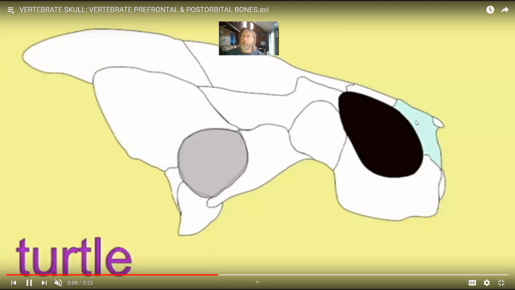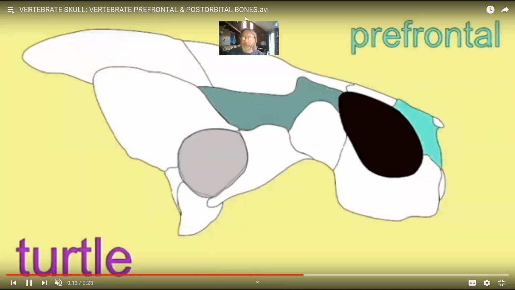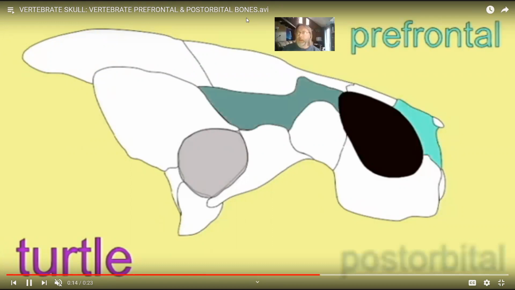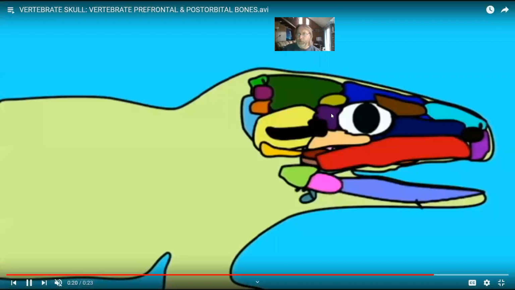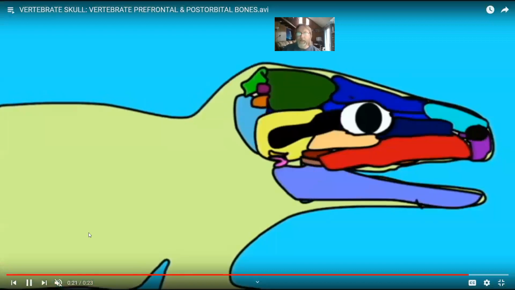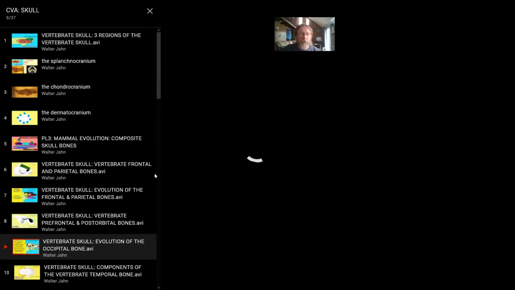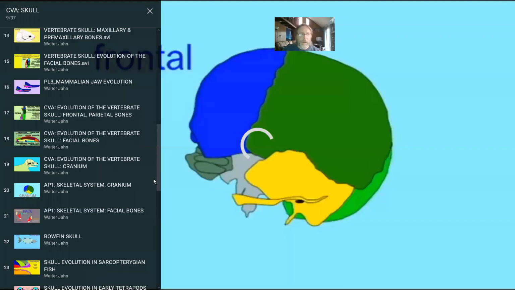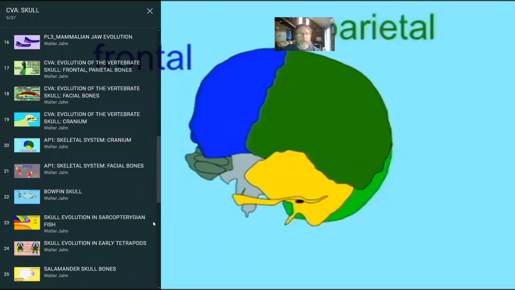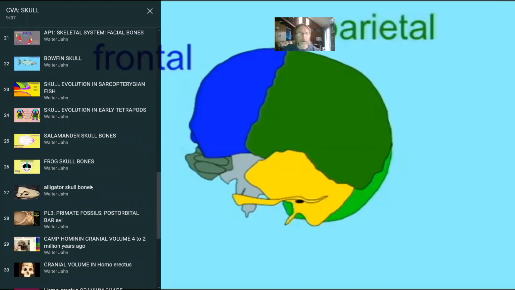So these were part of the ancestral skulls, and reptiles just have more bones in their head than the mammals do. And mammals, some have fused, and then others have been lost.